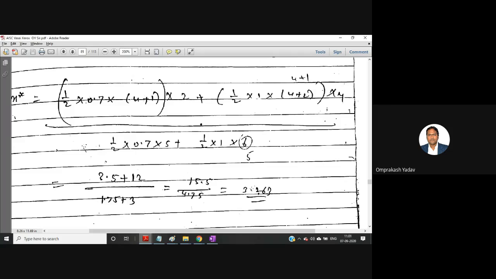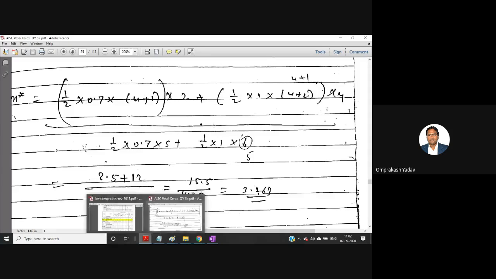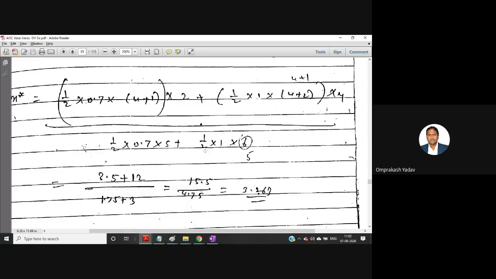And don't approximate only till 2 points, because then it will vary the answer. So at least take till 4 points. All of you can post the answer and then you can match. Don't be dependent on this particular answer.